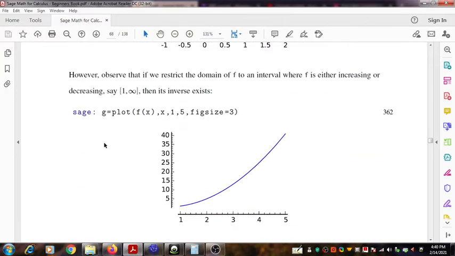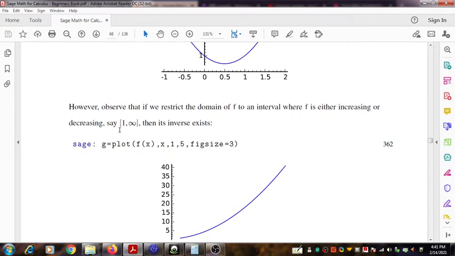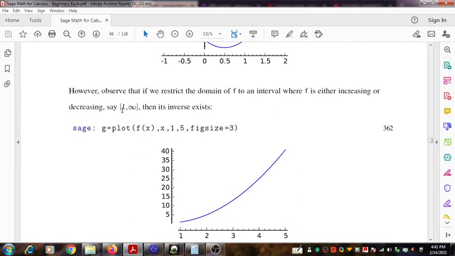Then we restrict our function to an interval which lies on the right side of x equal to 1. To overcome this, we restrict our attention to the closed interval 1 to infinity.